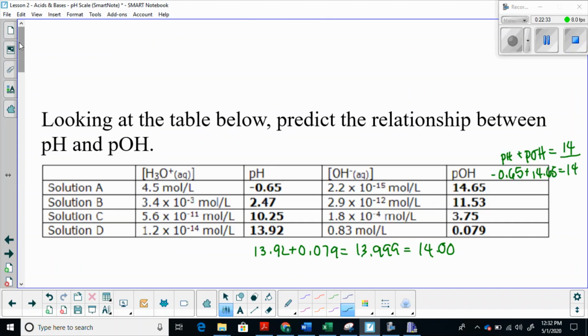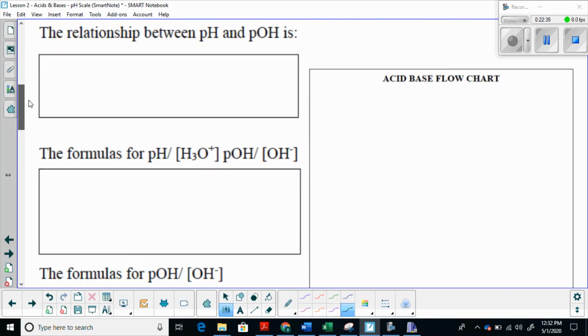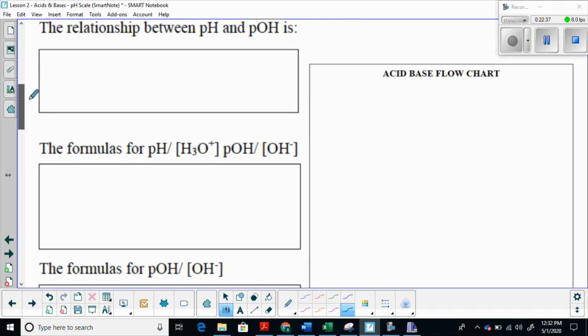Okay, so lots of formulas to introduce to you guys now. So the relationship between pH and POH: pH plus POH is equal to 14.